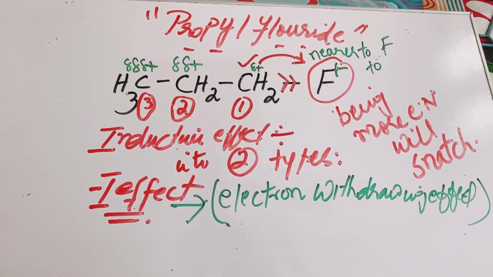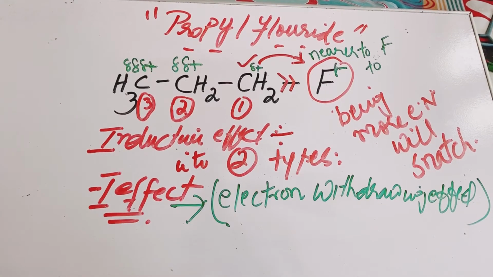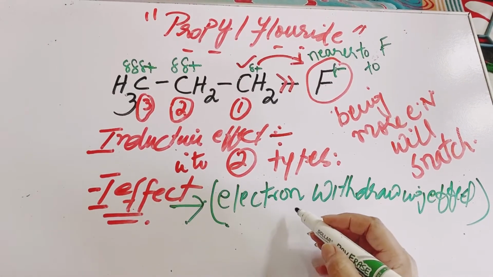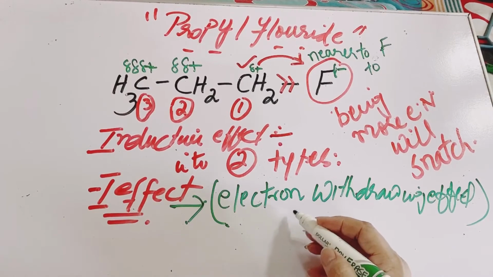So these are all electron withdrawing. I am now going to show you an example of a series which you should know, which would be helpful, so that you will come to know how it goes on. So let's do that. These are all electron withdrawing groups. Okay, so let's start.